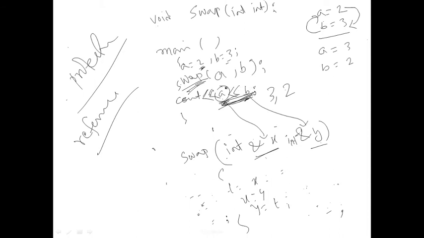So what is the mechanism? In call by address, the function structure looks like this. We have to use pointers in that case because we are sending addresses. To hold the address, we need to create pointer variables. So we have to send ampersand of A and ampersand of B. It is already there in C also.